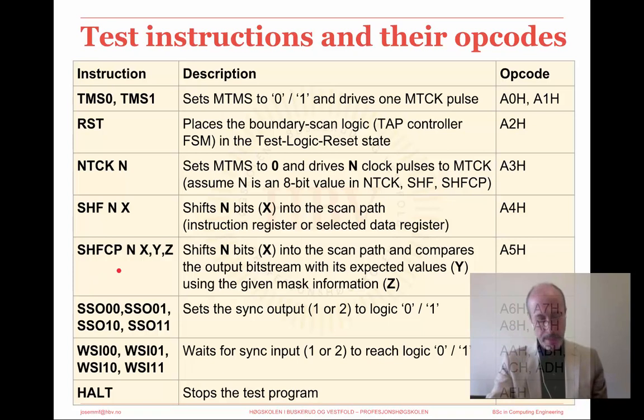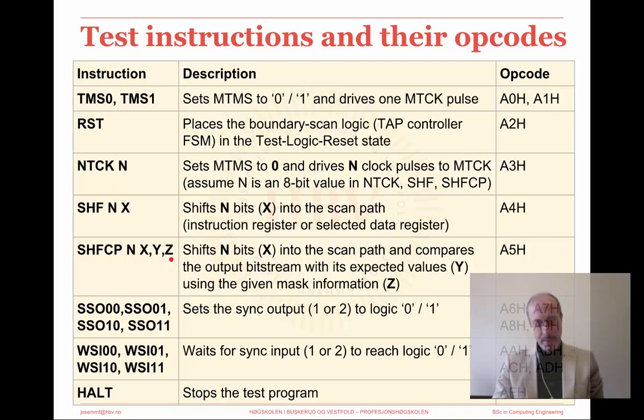Shift and compare also scans a bit stream out, but in this case the test responses received at the MTDI pin are analyzed and compared with their expected values. Because we may not know what to expect in many bit positions, we need a mask to indicate which bit positions are to be compared.